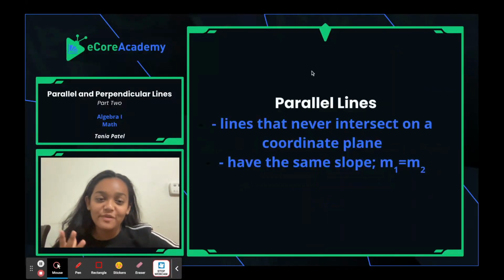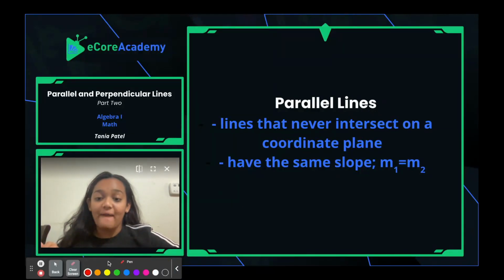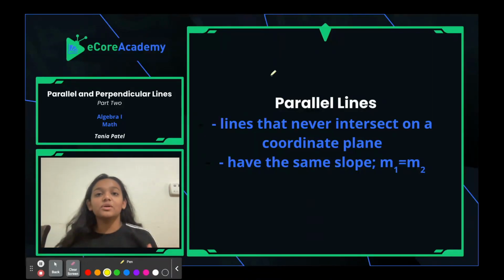All right, so quick review. Parallel lines are lines that never intersect and do not intersect on a coordinate plane. They also have the same slope, meaning the m values of both lines are equal to one another. Sometimes you don't have the m value, and you will only have a picture of two lines on a coordinate plane. If that is the case, it may look somewhat like this.